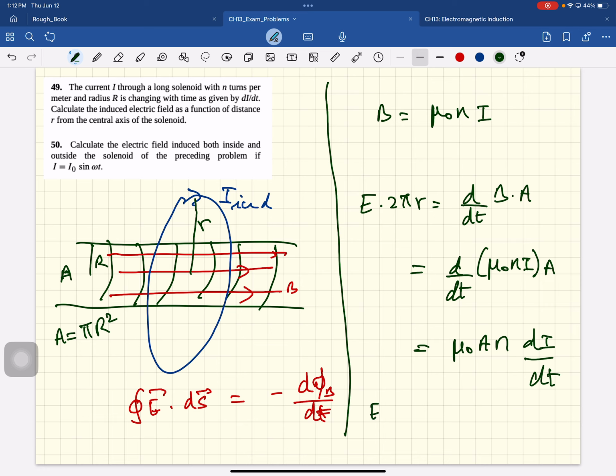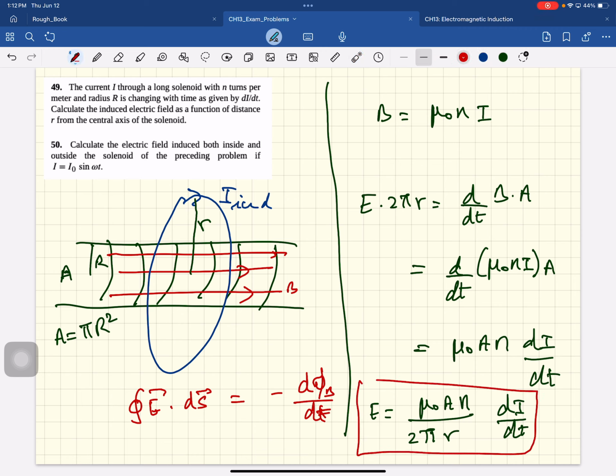So E is mu naught A n over 2 pi r, times di by dt. So this is the electric field if you're outside the solenoid.